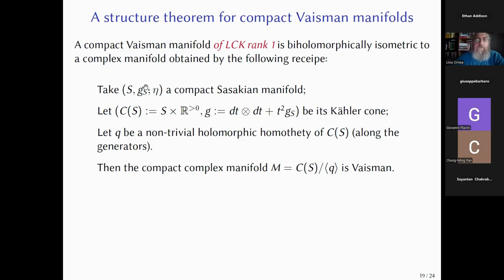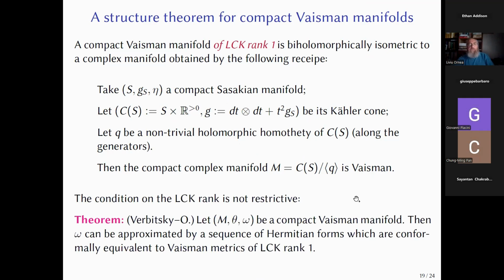I hope you know what a Sasakian manifold is. So you take its Kähler cone with the cone metric, you take a homothety along the generators, and then you obtain a Weismann manifold by quotienting by the cyclic group generated by that homothety.